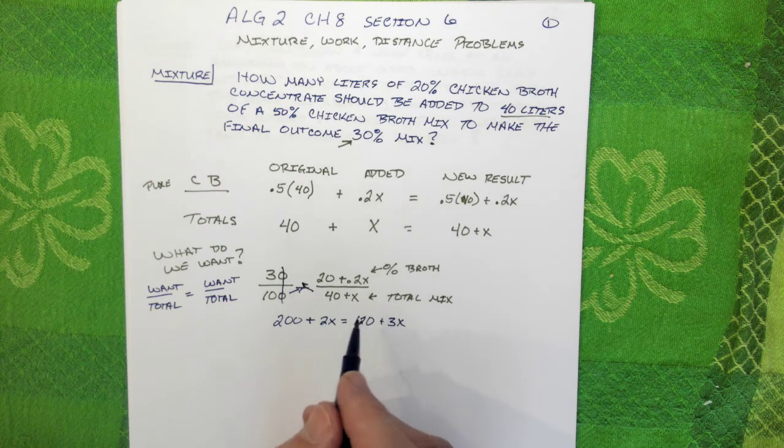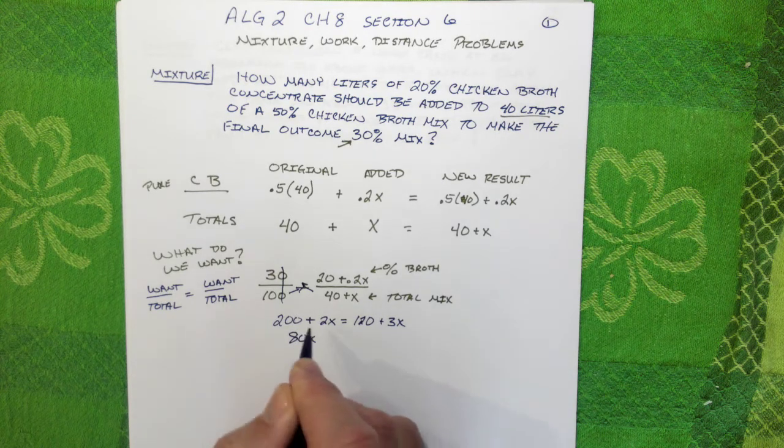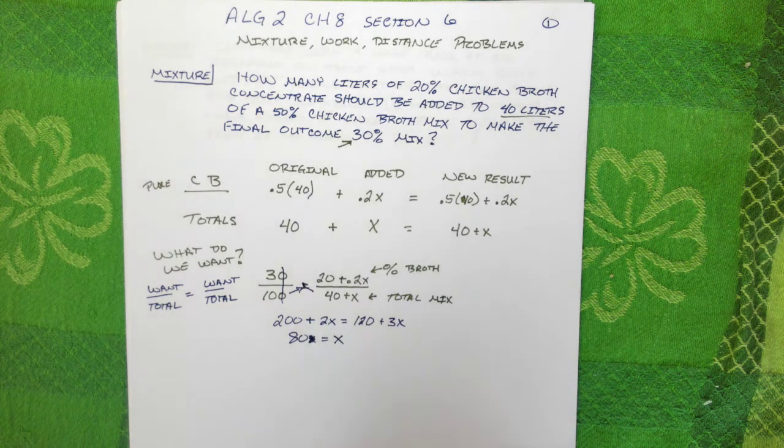You can do it a couple different ways. I'm going to subtract 120 from both sides. It gives me 80, and I'm going to subtract x, sorry, and subtract 2x from both sides. Equal that, 80. So what's that mean?